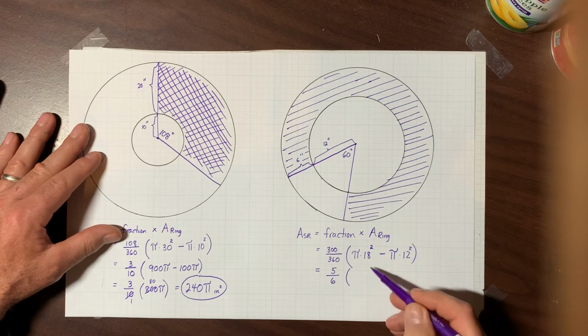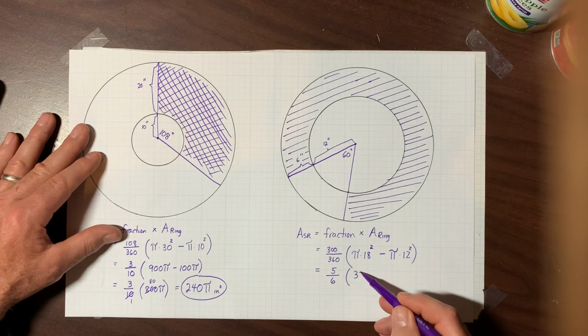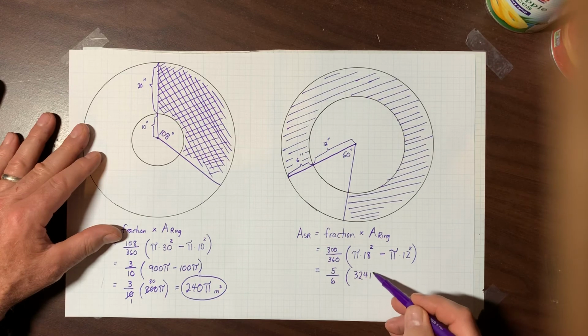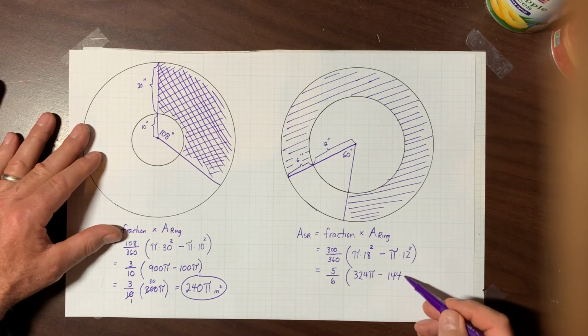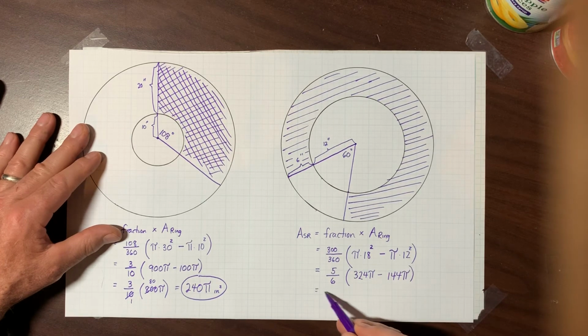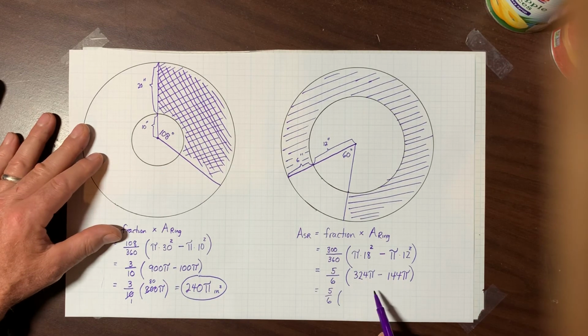And then inside here, I see that would be 324 pi minus 144 pi. And I'm going to have 5/6. And let's see, 324 minus 144. I think that's going to be, let's see, 280. Is that right? 180.